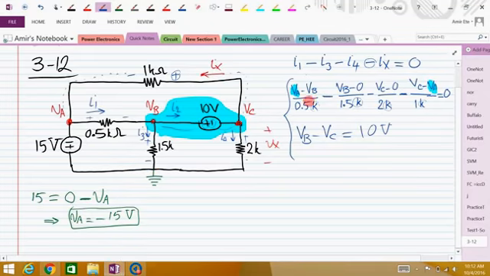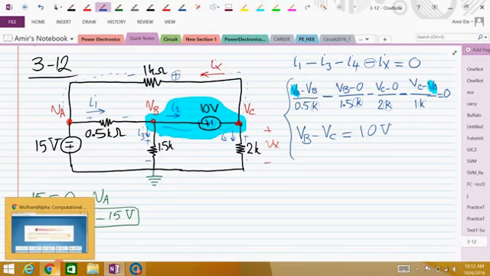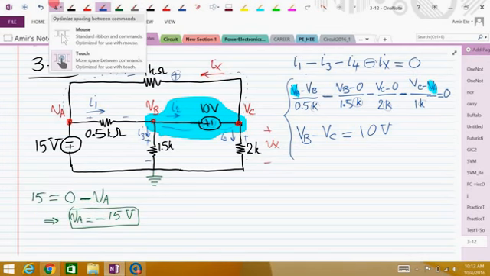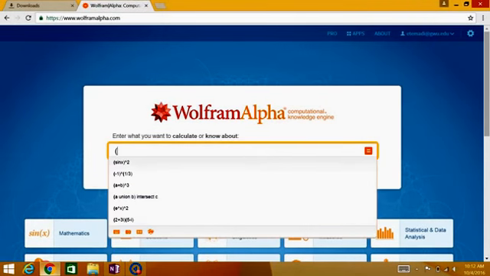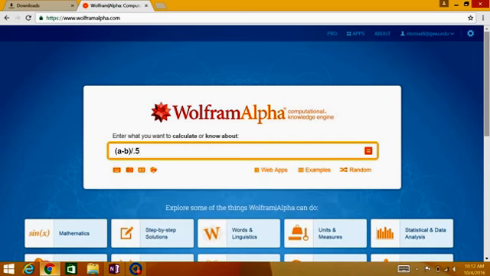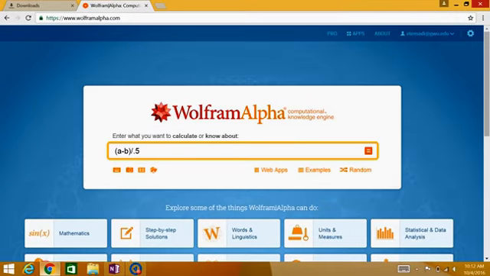The first equation, VA minus VB divided by 0.5. I don't include the V here because it confuses the software and it will give me garbage.